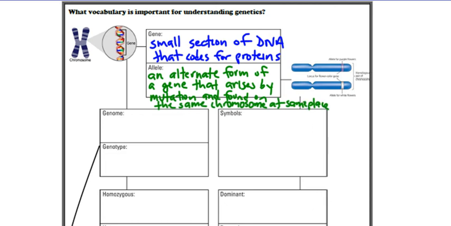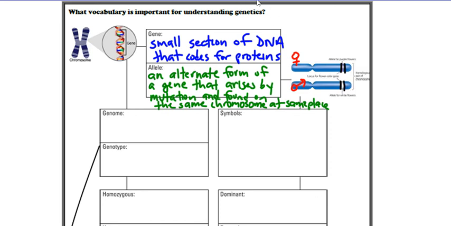So this is when we get into, remember, homologous chromosomes. You get one chromosome from mom, one chromosome from dad. And they are going to have similar sizes to them, as well as similar genes. We call them loci, so the gene locations.